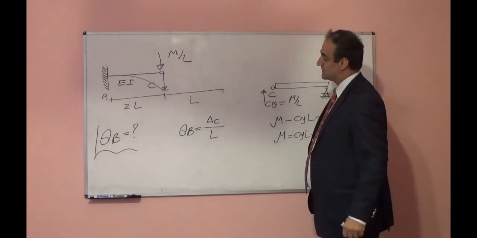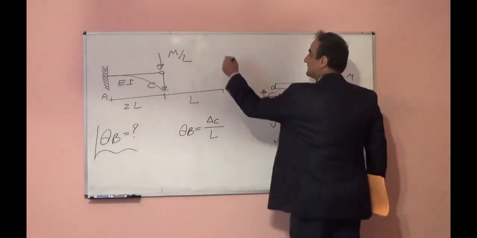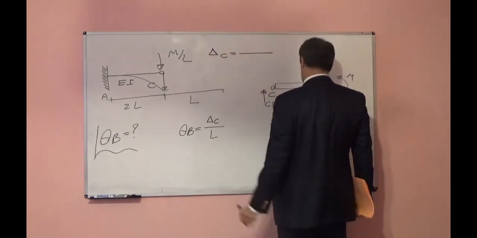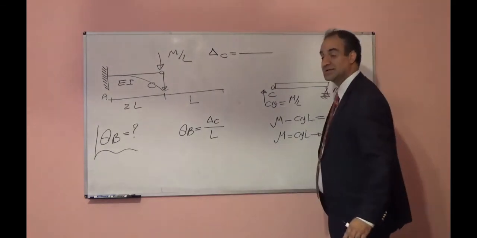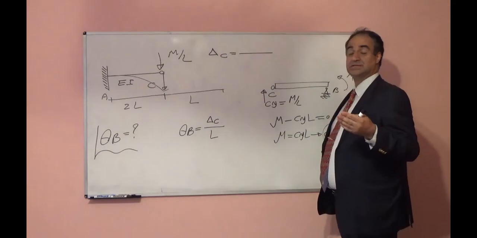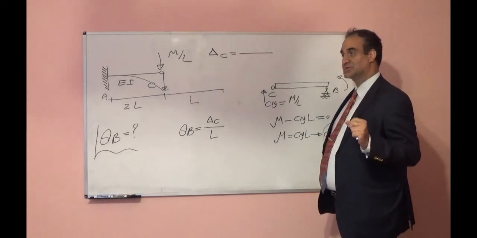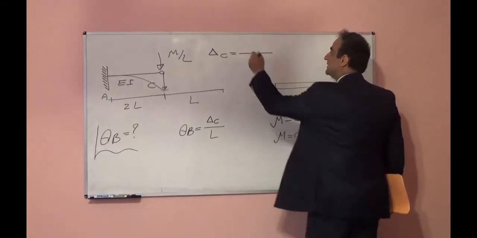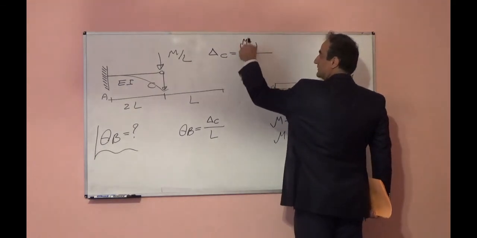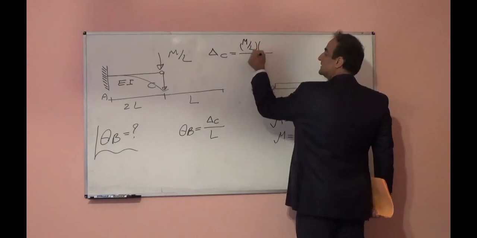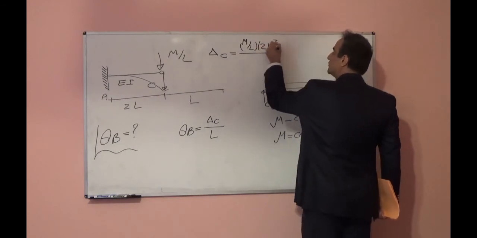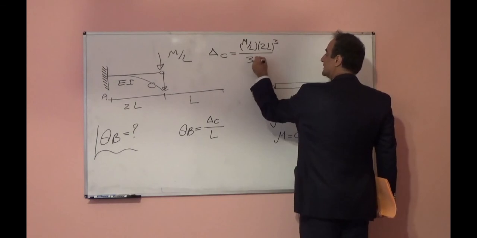That force will cause deflection. What's the deflection? In a cantilever beam, if we apply a concentrated load, you can find it using several methods, but as I said several times, memorize those simple cases. It will be load M over L, like P, times the length of AC, 2L cubed, over 3EI.